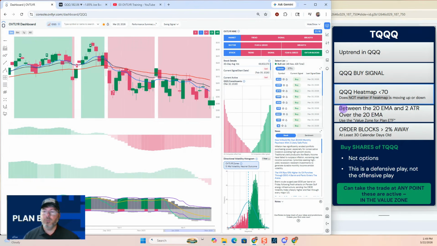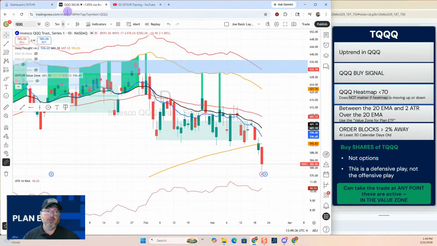All right. The next signal, the value of the price needs to be between the 20 EMA and 2 ATR above the 20 EMA. In other words, it needs to be in the value zone. Now, you're going to need to use TradingView or Thinkorswim, I'm going to use TradingView for this explanation. You're going to need the Outlier Value Zone indicator.